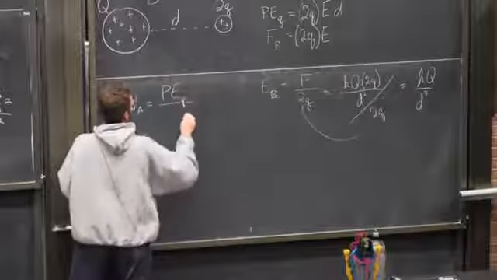And the voltage of B is its electric potential energy over its charge, which is 2Q. That energy we found was 2QED over 2Q. So it's ED as well.